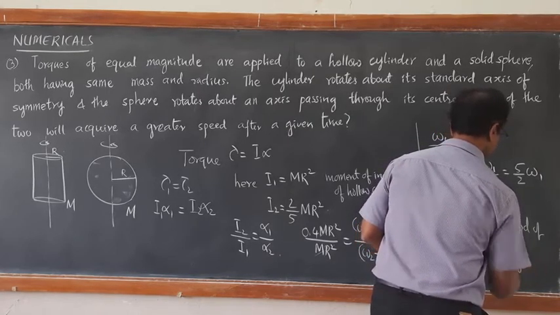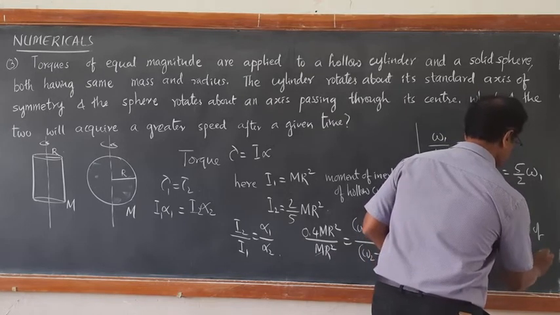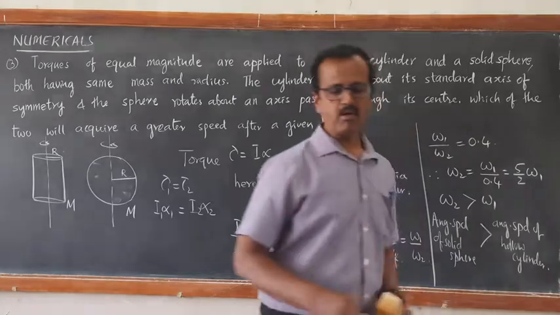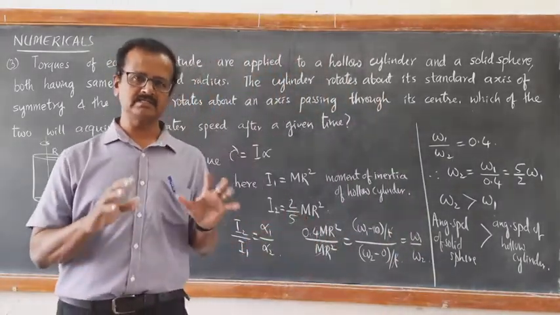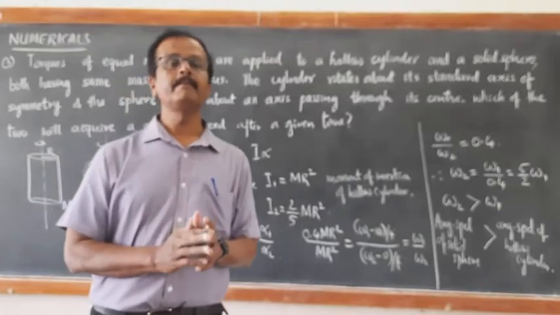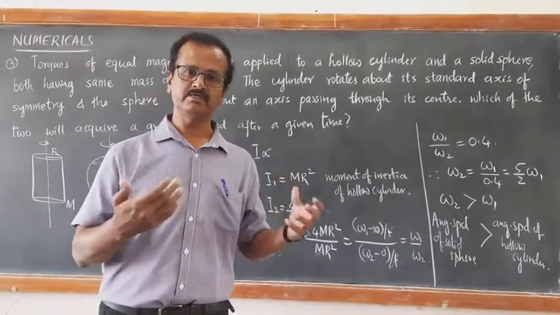I think you have got that point here. The reason is the one which has more moment of inertia ultimately will rotate with lesser speed. The one with less moment of inertia ultimately will rotate with higher speed.